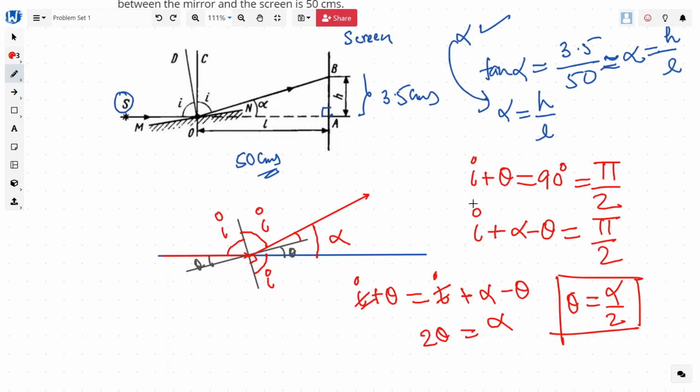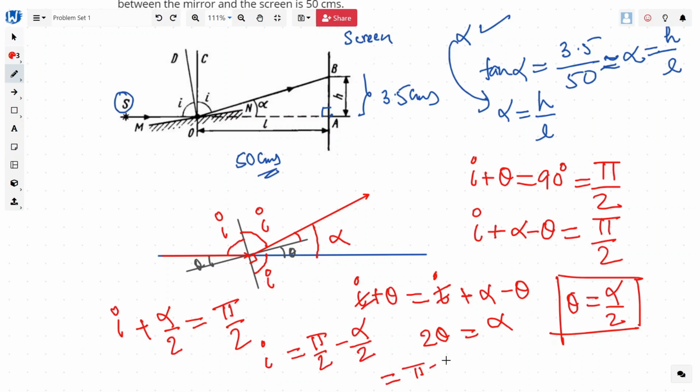That's not bad. And now we have to find I, so I plus theta, which is alpha by 2, is equal to pi by 2. So we know I is going to be pi by 2 minus alpha by 2, which is pi minus alpha by 2, and this is I.